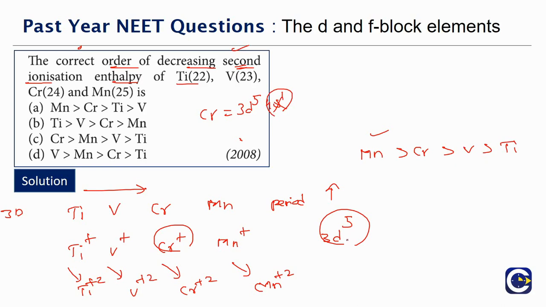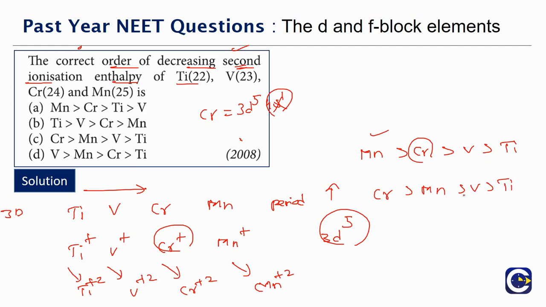So when you try to remove an electron from 3d5, it is like we are disturbing the stable half-filled d structure. In the case of chromium, we will require a higher amount of energy to remove this electron from the 3d5 structure. That is why the actual trend is chromium more than manganese, more than vanadium, more than titanium.